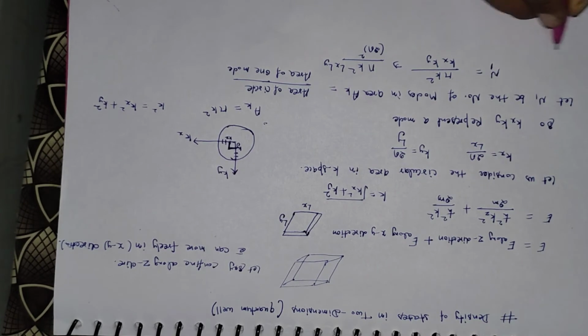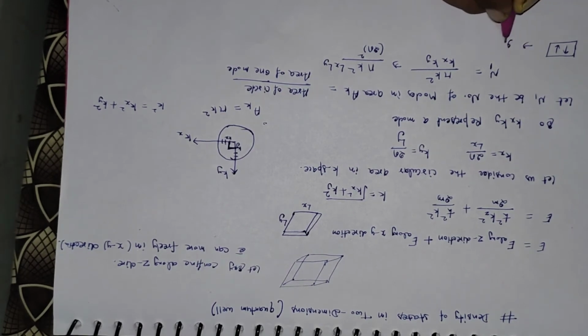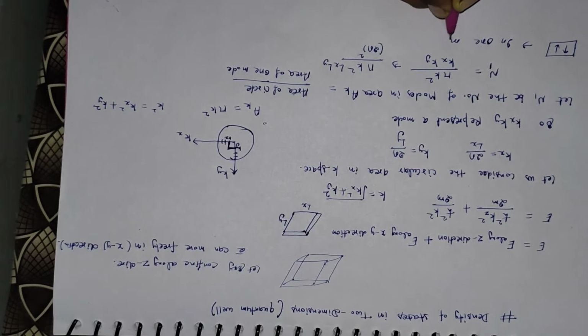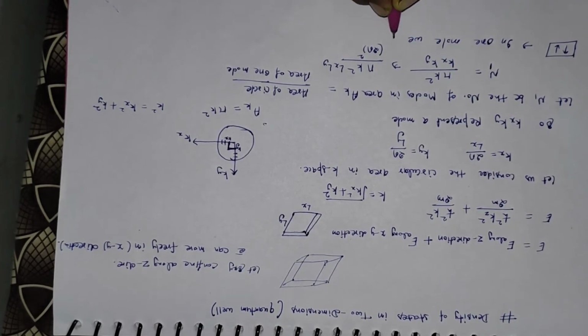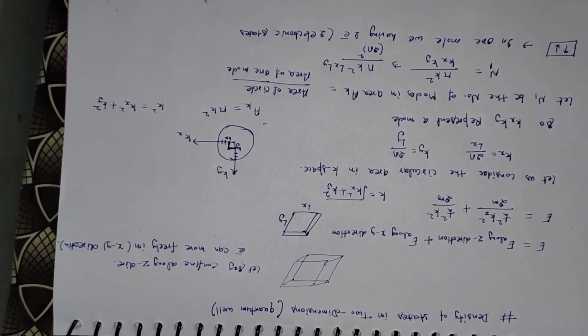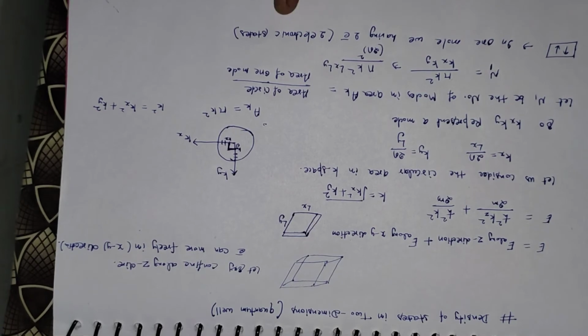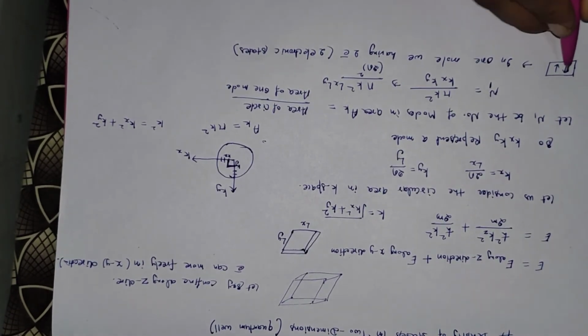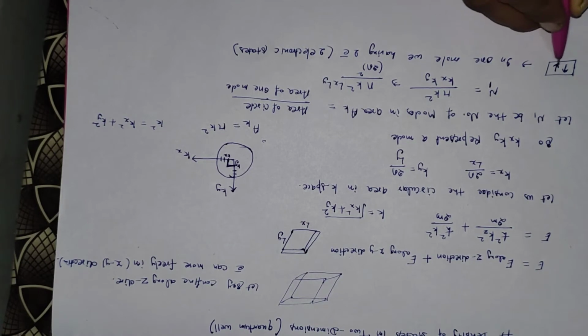And in one state or one mode we have two electronic states. In one mode we have 2 electrons and 2 electronic states, because of Pauli principle, one electron with spin up can exist and one electron with spin down can exist together.